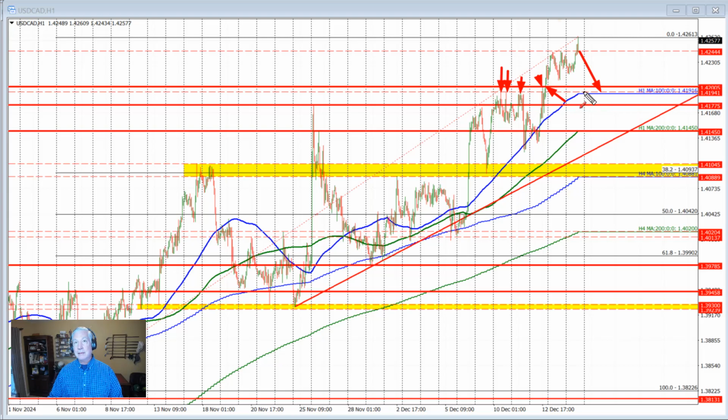Also within that range is the rising 100-hour moving average, which comes in at 1.41916. This high price here comes in around that 94 level. So 141.91 up to 142.00. That's the area that needs to be broken on the downside.